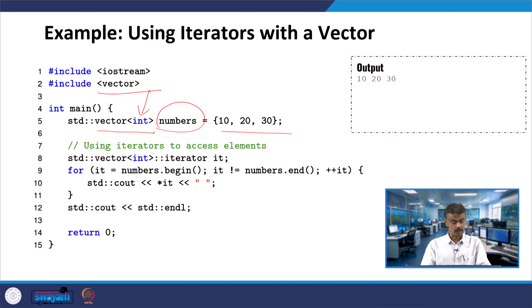Now, how do you use iterators? Under vector of integers there is iterator, a class, using the scope resolution operator like std::cout, and it is the object.